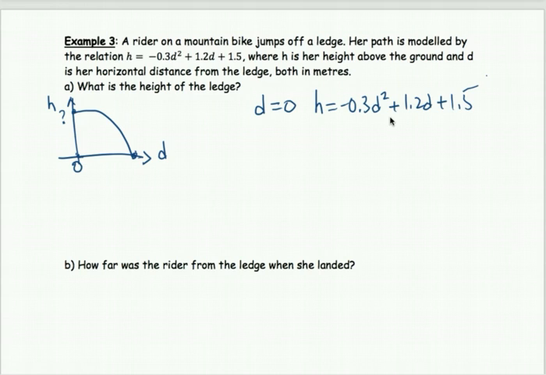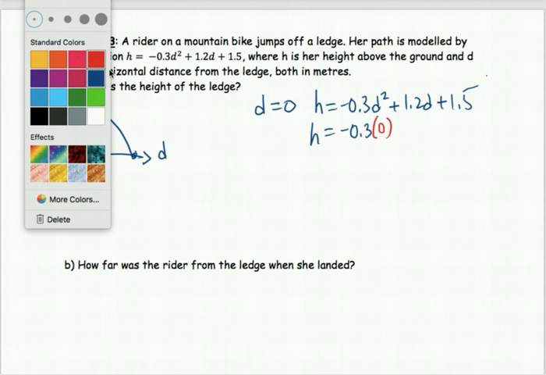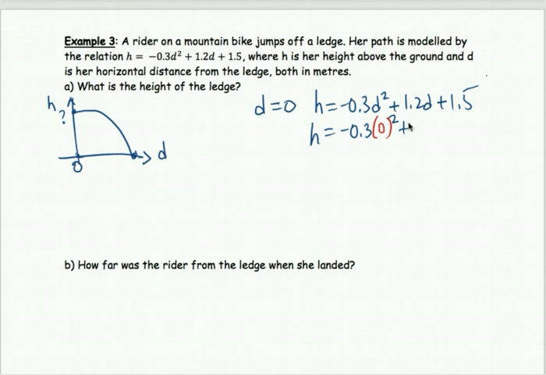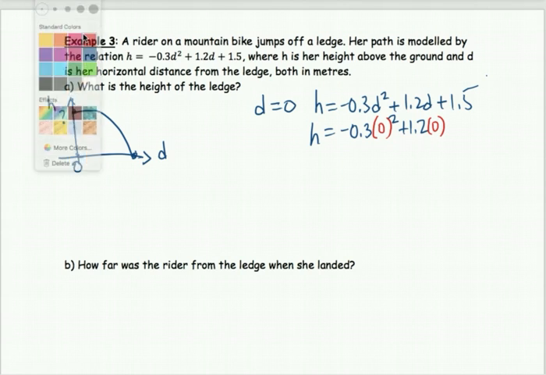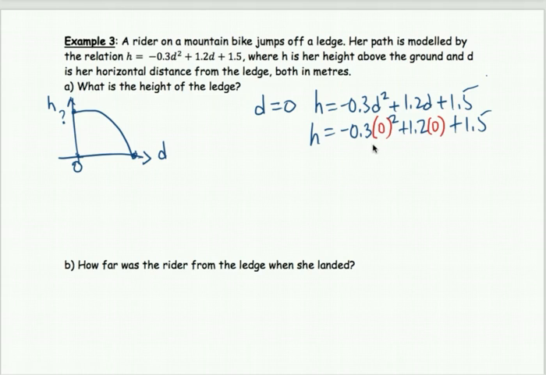Then that means I can plug in 0 for all of the d values here. Okay, so once I do that, when you multiply, 0 squared is 0, 0 times this becomes 0, 1.2 times 0 is 0, and so that leaves us with 1.5.